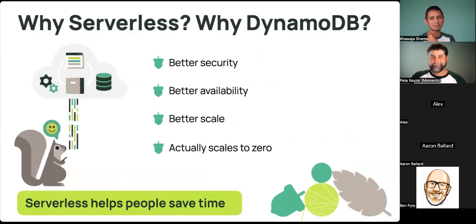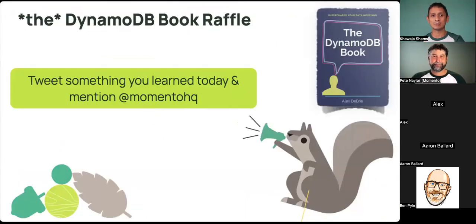And one of my favorite things about Dynamo is that it actually scales to zero really well. And at the end of the day, it captures the core value prop. It helps people save a whole bunch of time by using Dynamo instead of building their own distributed clusters, which, as Pete mentioned, even teams at Amazon were doing before DynamoDB.